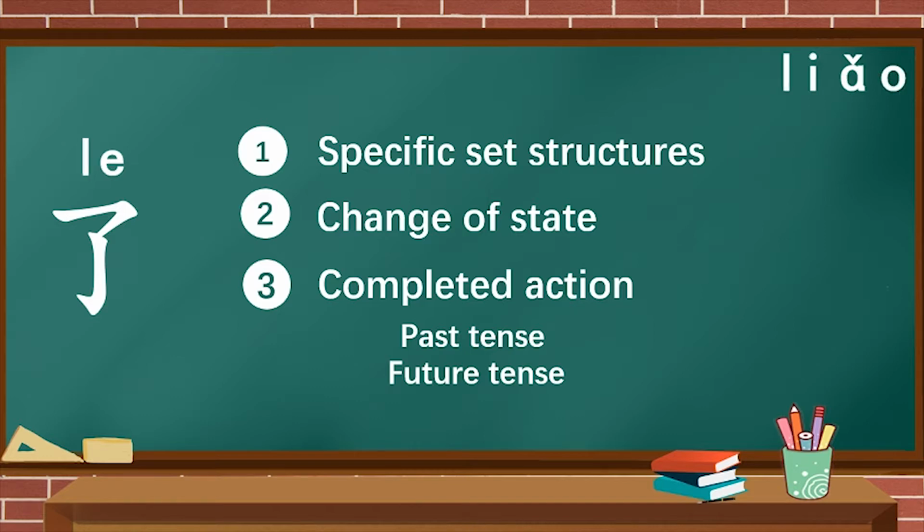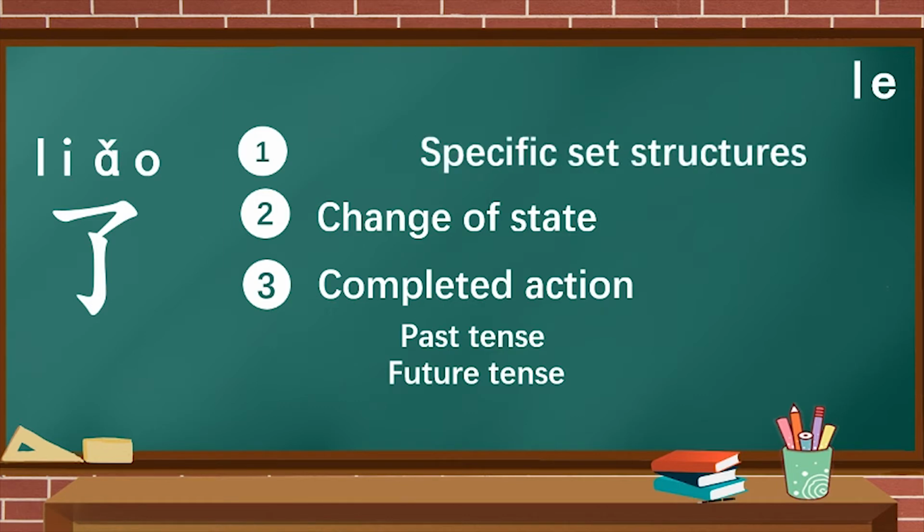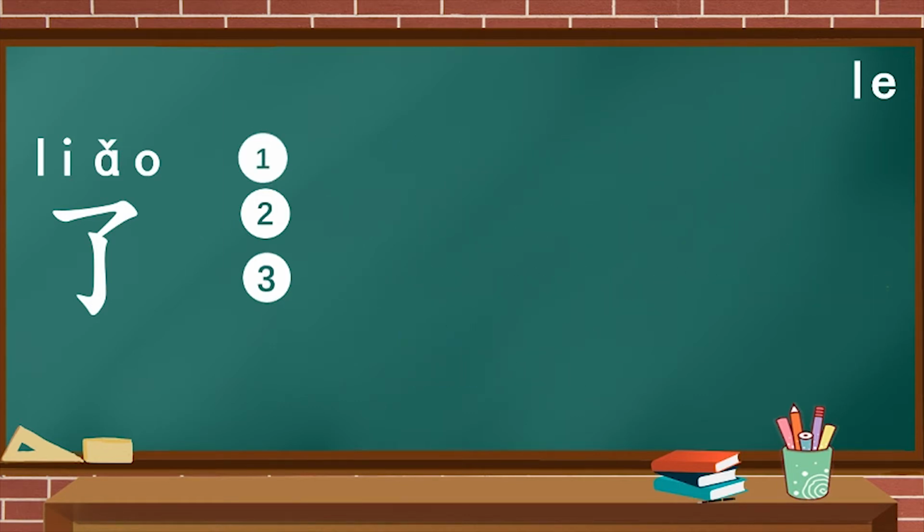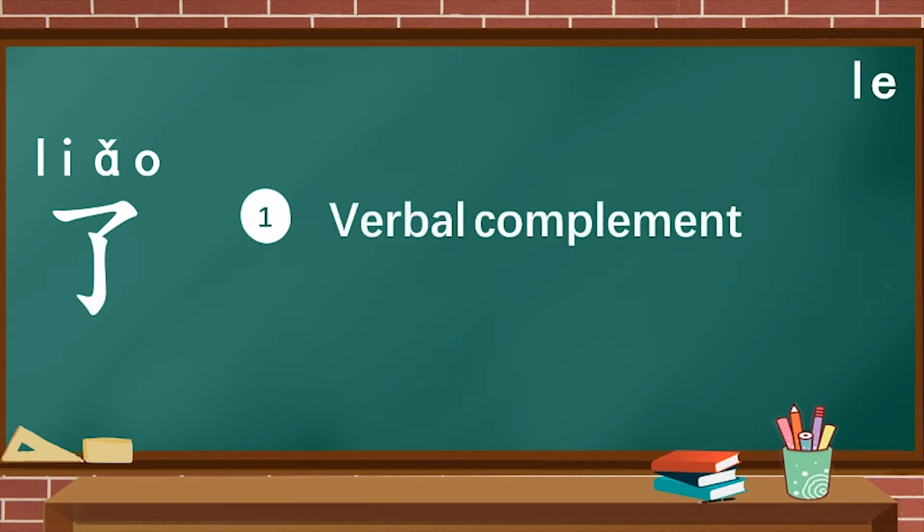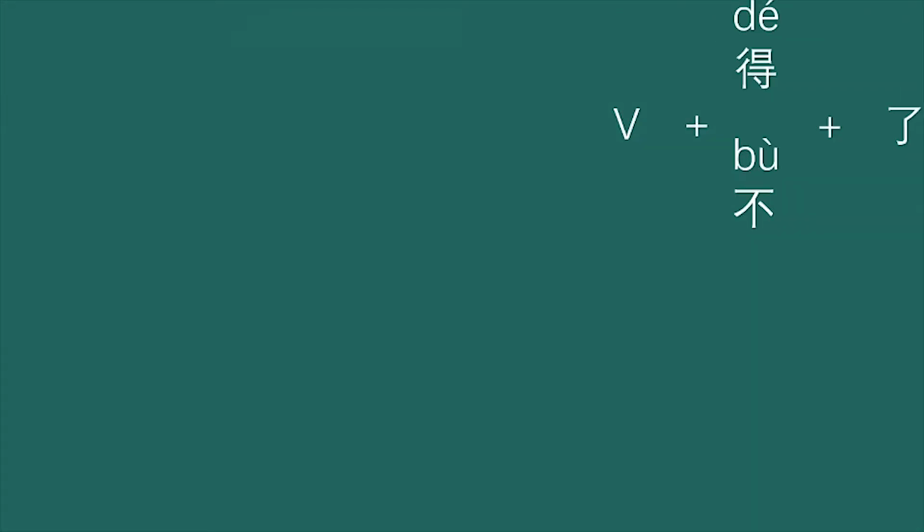Now let's see liao. The usage of liao can be summarized as the verbal complement. The meaning is completely different from le. It's attached to verbs and used to indicate the potential for an action to be successfully done or not. For example, if the action is successfully done, it is verb add 得 add 了.